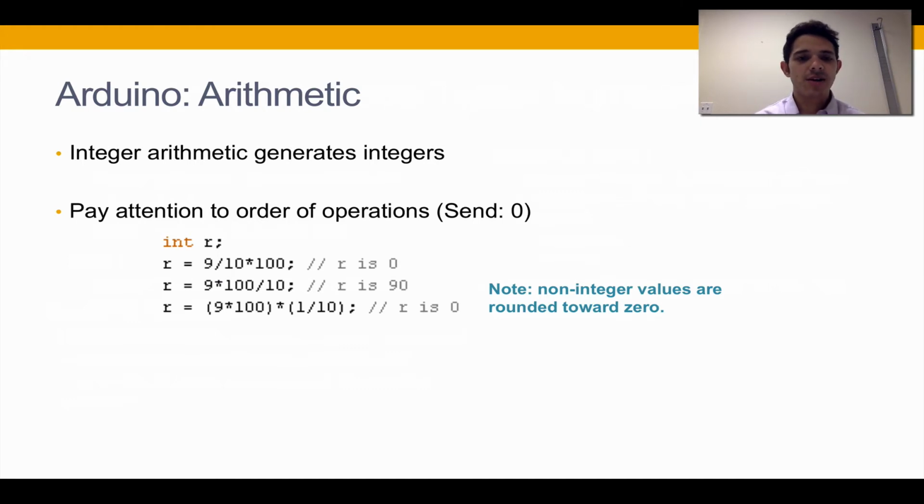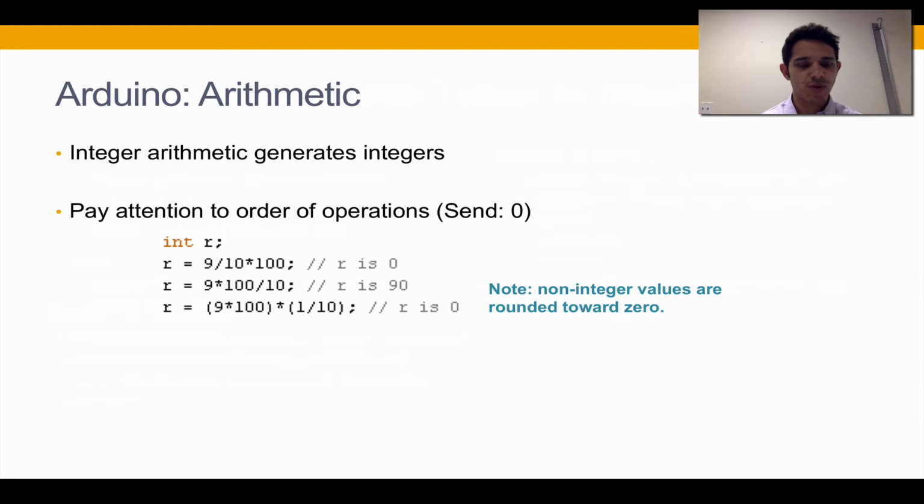Conversely, if we do 9 times 100 divided by 10, what's assigned to r is 90, because 9 times 100 is 900, divided by 10 is 90, so we get the result of 90, which may be what we intended in the first place. The third example here is also interesting.